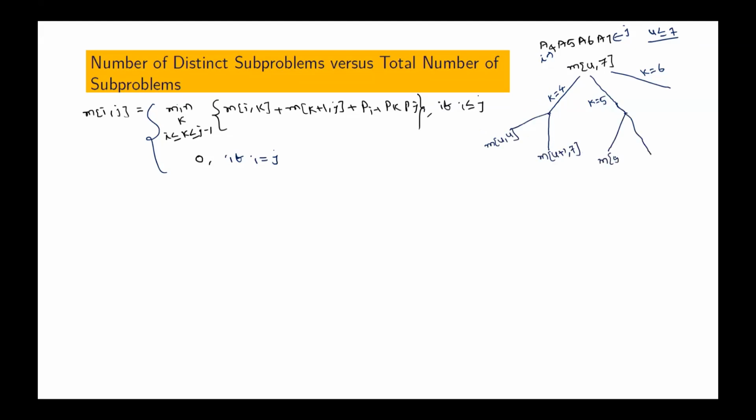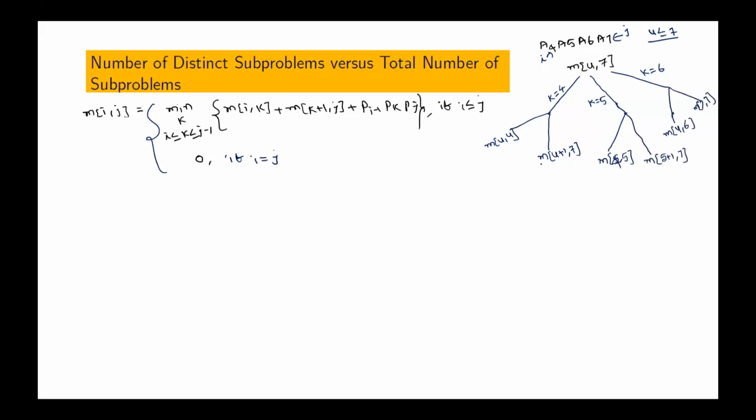M[4,5], and k plus 1 means M[5+1,7], that is M[6,7]. Is that okay? Similarly here, for k equals 6, the subproblems are M[4,6] and M[7,7]. Is that correct?